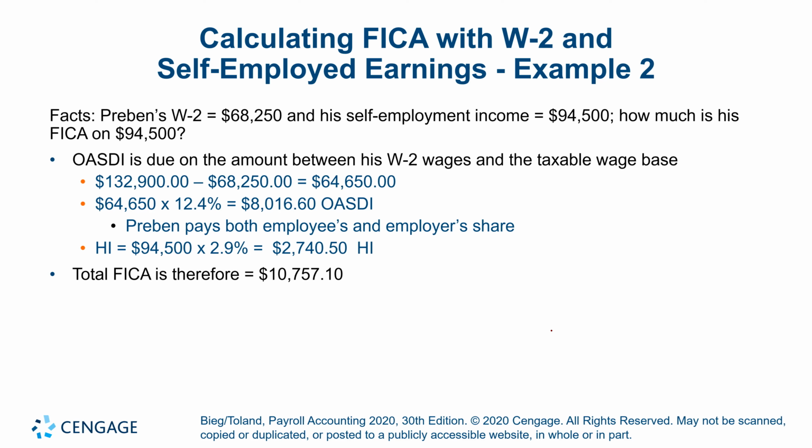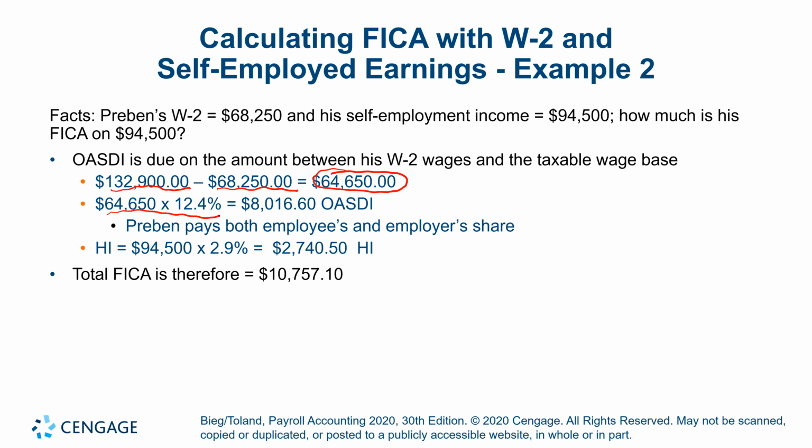So basically, to get to that maximum, if we take that max limit for Social Security minus his W-2, he has to pay Social Security tax on his self-employment income on another 64,650, right? For that 64,650, again, that self-employment income, there is no employer paying 6.2% in. So this individual has to pay the whole 12.4% on that.